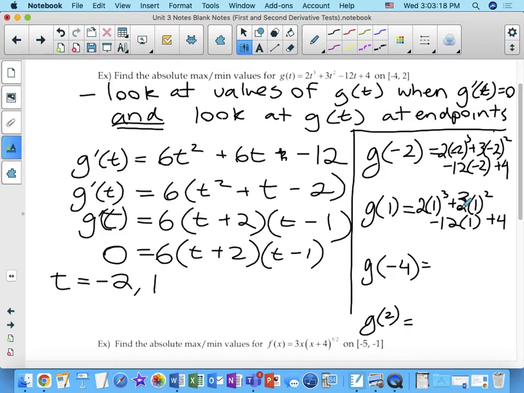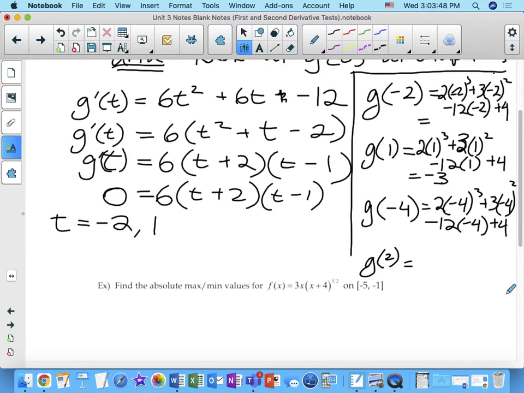Okay, so 2 plus 3 is 5. Minus 12 is -7. Plus 4. This one's -3. I got that one. There we go. Okay. This one is 2 times -4 cubed plus 3 times -4 squared minus 12 times -4 plus 4.